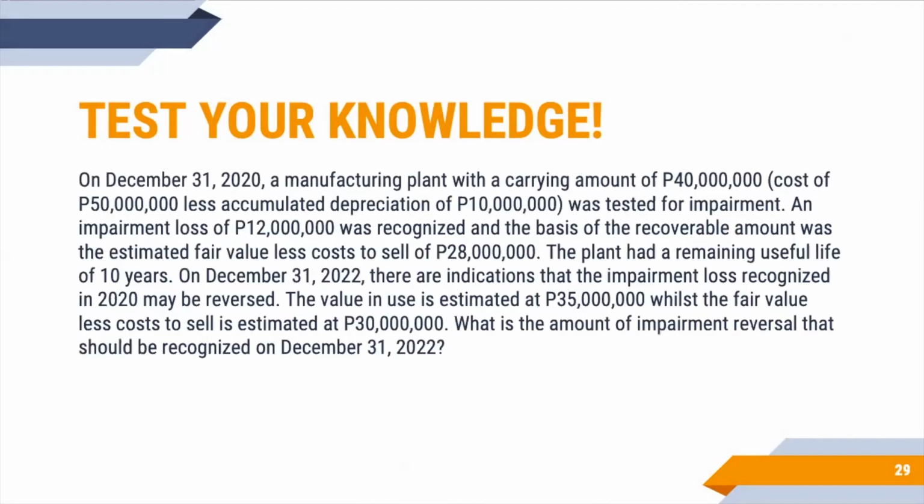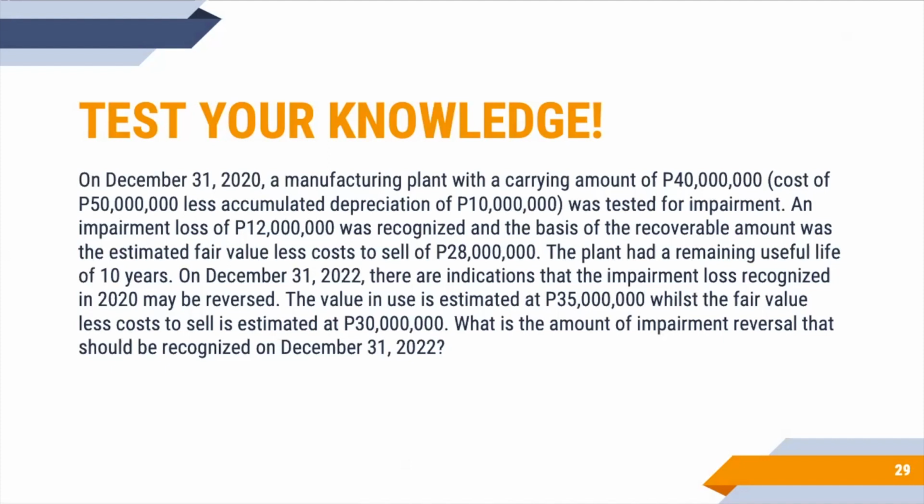Question number 2. On December 31, 2020, a manufacturing plant with a carrying amount of 40 million, cost of 50 million less accumulated depreciation of 10 million was tested for impairment. An impairment loss of 12 million was recognized, and the basis of the recoverable amount was the estimated fair value less cost to sell of 28 million. The plant had a remaining useful life of 10 years.